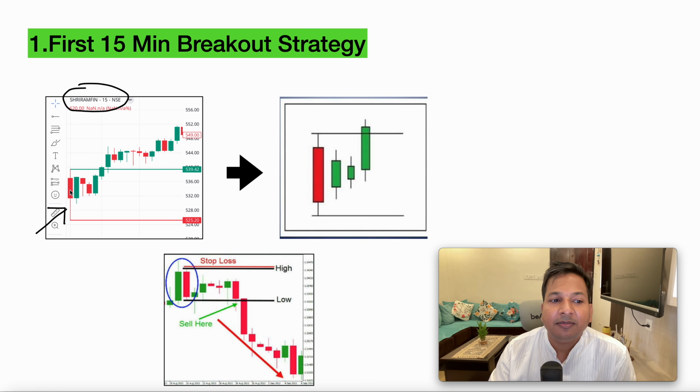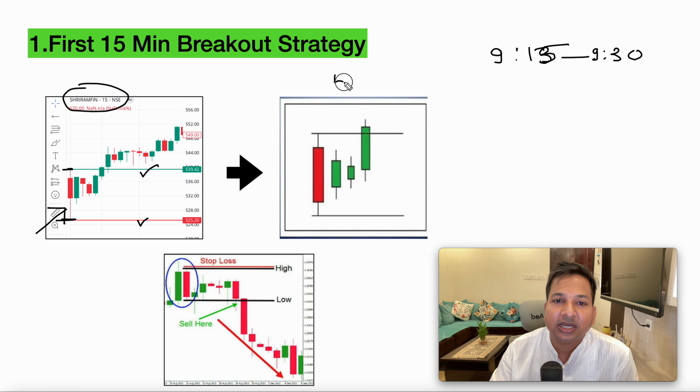The first 15-minute candle is this red one. So from 9:15 to 9:30 you have to allow the stock or Nifty to make a candle. This will give you one 15-minute candle. You have to mark the high and low of the candle.